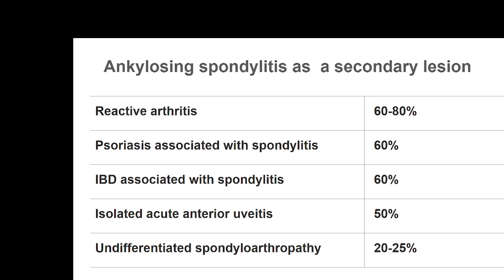Then there is acute anterior uveitis, an eye condition where the uveal junction would be inflamed, and of course undifferentiated, where you cannot make out whether there is a primary or secondary. That is, whether the ankylosing spondylitis has occurred as primary or secondary, still it remains in around 20 to 22% ranges.